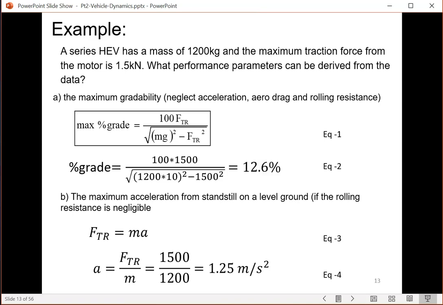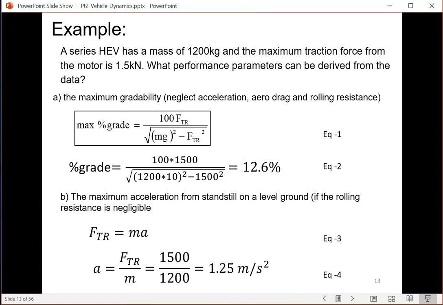We can also work out the maximum acceleration as you just start the car on level ground. So I'm not talking about the rolling resistances. In our ideal case, on level ground, there's no air drag, there's no rolling resistance. What is the maximum acceleration you can get out of it?